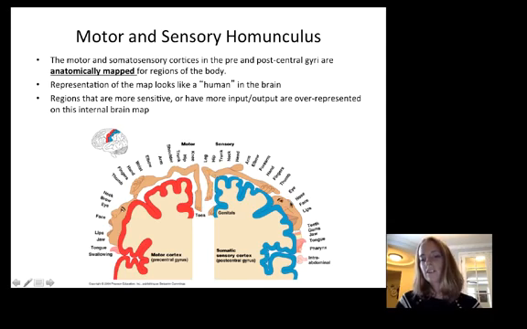The outer regions are going to go more towards face, nose, lips. The middle region will be hand, fingers, etc. And this looks like a tiny little human when you map it all out because it's mapping out the whole body. And that's why it's called a homunculus, or a tiny human.